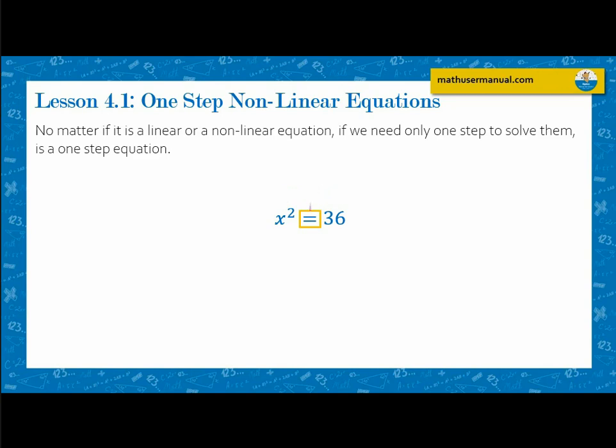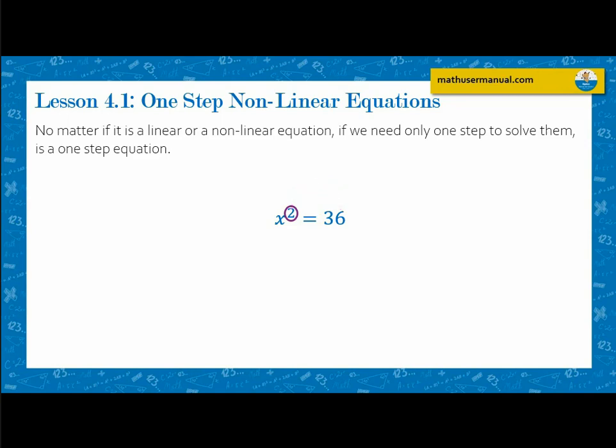That rule stays. Now, if we want to solve for x, the x is on the left side and is next to an exponent of 2. So in order to isolate the x, we need to take that exponent of 2 and move it to the right side of the equation. And how do we move that exponent of 2?